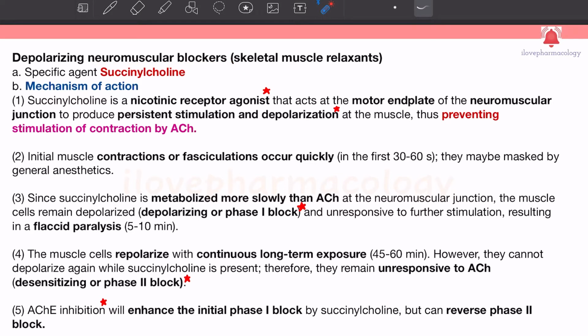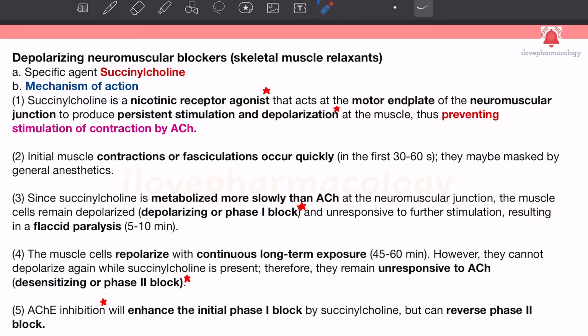Coming to the mechanism of action, succinylcholine binds to the nicotinic receptors. Please remember, it is a nicotinic receptor agonist. It binds to the nicotinic receptor at the muscle end plate of the neuromuscular junction.